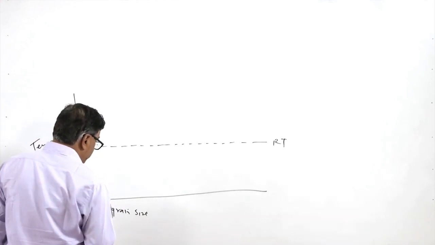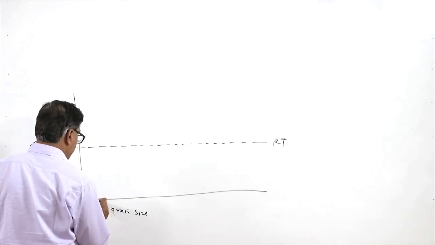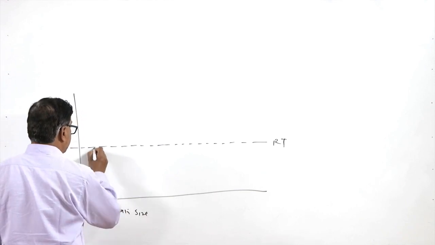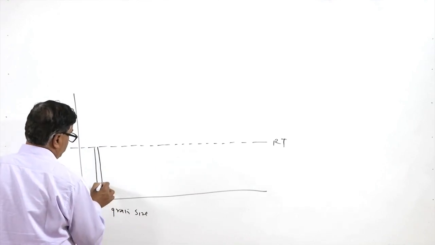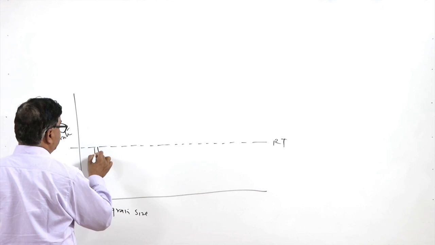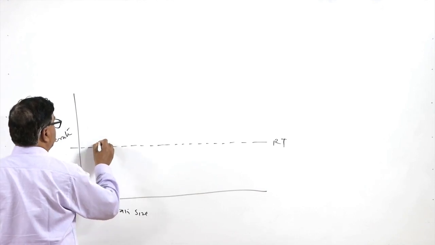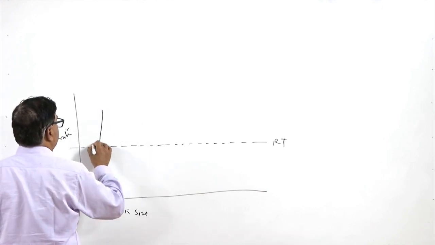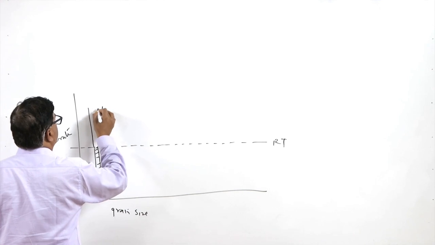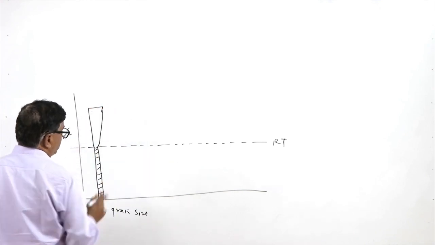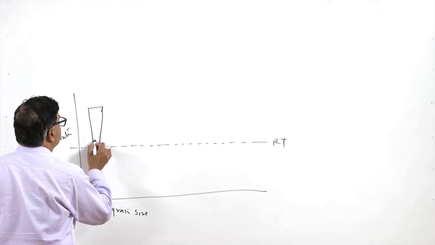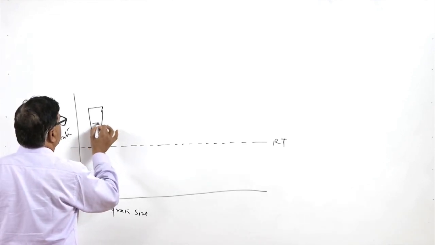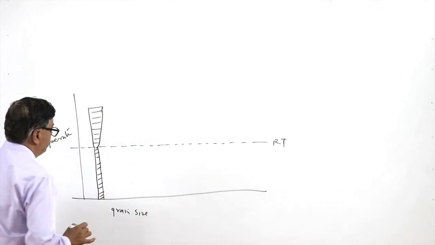So, when the metal system is heated, say the grain structure is fine initially, means this is the grain size. As soon as it is heated above the recrystallization temperature, the grain size starts increasing. Just above the recrystallization temperature grains are fine, but they start getting coarsened with the increase in temperature.